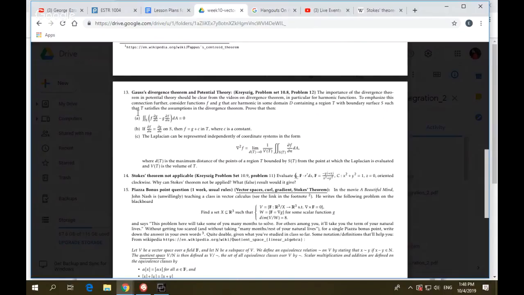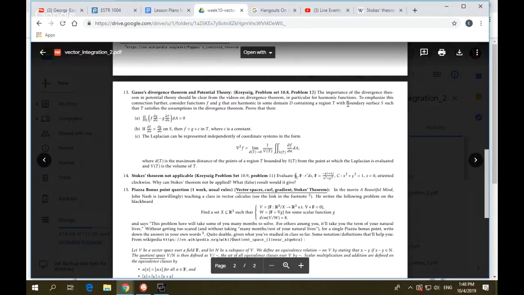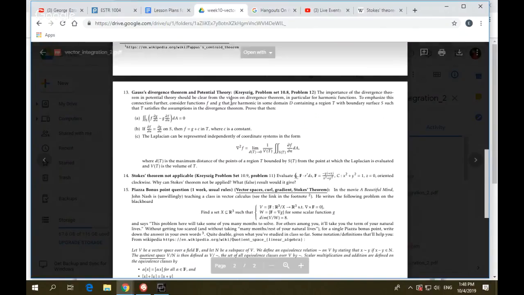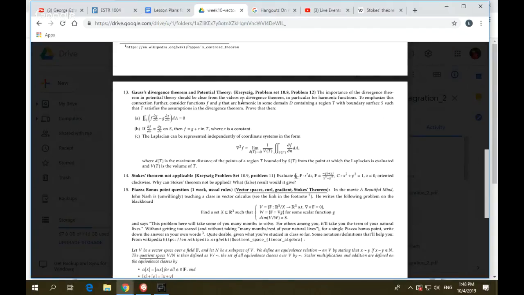It's saying, suppose someone gives you two functions f and g that are harmonic. Remember what harmonic means. It means the Laplacian of these functions is 0. It means nabla square f is 0, nabla square g is 0 everywhere on that domain, right? That's what harmonic means. So this is the domain D. This is some volume D.